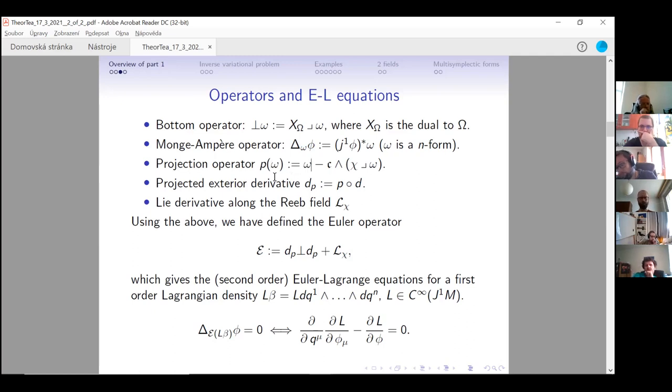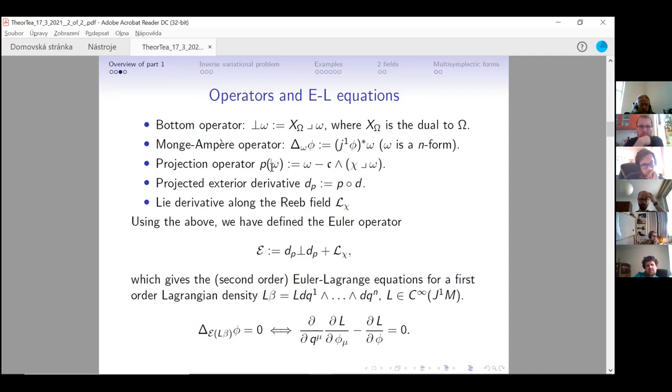Okay, so the projection operator. This projection operator allows us to take an arbitrary form on J1M and project it onto the subspace of forms over J1M which are degenerate along the Reeb field. Why do we want to project forms onto this subspace?